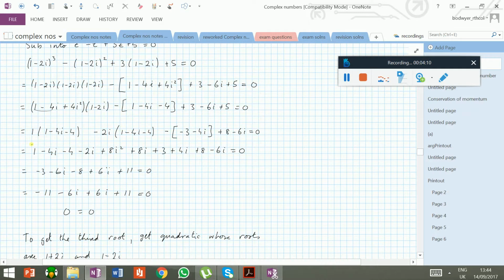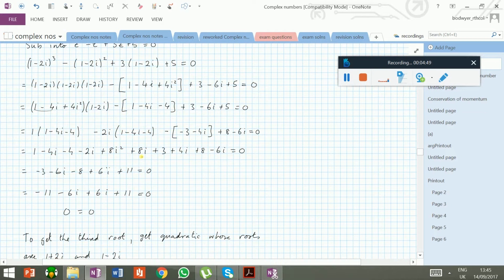Multiplying by your 1, you simply get 1 minus 4i minus 4, minus 2 times 1 is minus 2i, minus 2i times minus 4i is plus 8i squared, minus 2i times minus 4 is plus 8i, and then again you're applying your minus, so that becomes a plus 3, plus 4i, plus 8, minus 6i. Now again, 1 minus 4 is minus 3, minus 4i minus 2i is minus 6i. That's a minus 1 times 8 is minus 8.